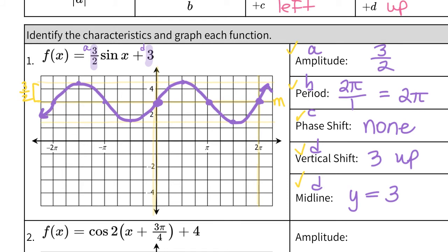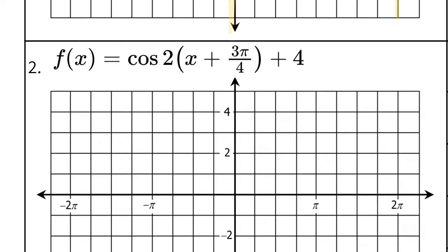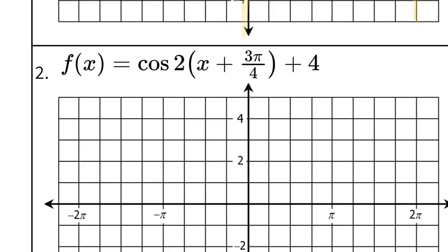So this time, we're going to be dealing with cosine. So cosine 2 of x plus 3 pi over 4 plus 4. So each number represents a transformation. Okay, so first thing is that 2.